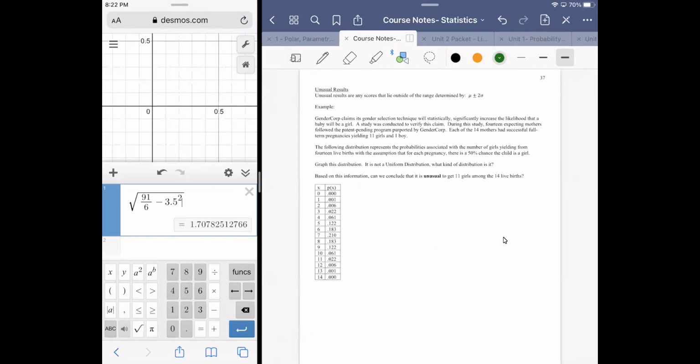At the top here, I have that mu plus or minus 2 sigma gives you the usual range. Unusual values fall outside of that interval. So the example: Gender Corp claims its gender selection technique will statistically significantly increase the likelihood that a baby will be a girl.